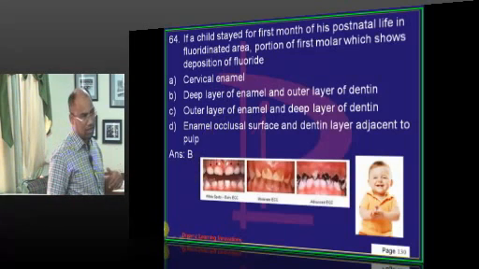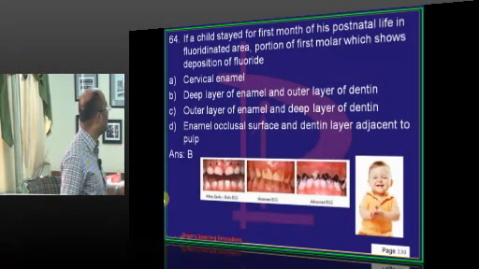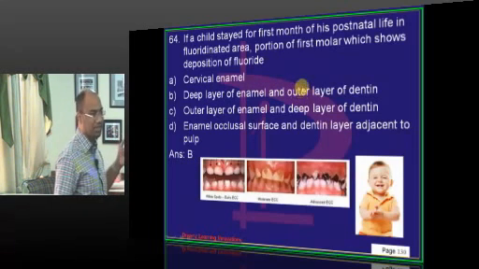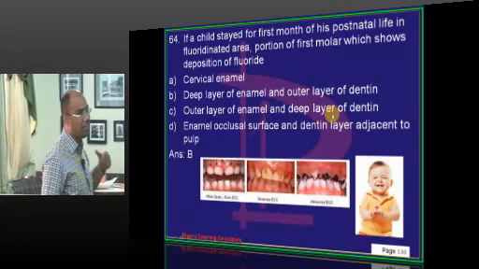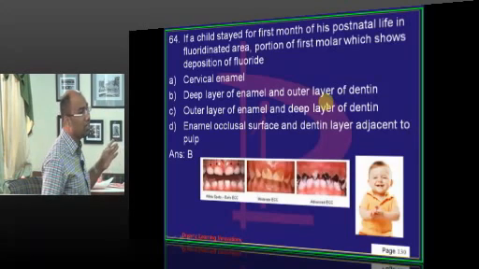Definitely it is not the outer layer of enamel, because the enamel will deposit gradually. So the initial enamel would have gone deep, isn't it? Whereas in dentin, is it the outer layer or the inner layer? It is opposite here. In dentin it is the outer layer, not the deep layer. Why? Because dentin forms towards the pulp.